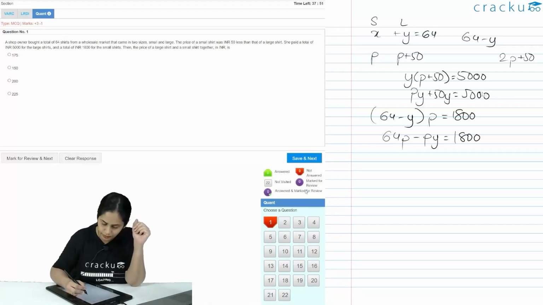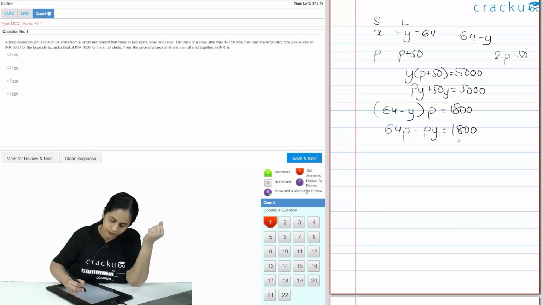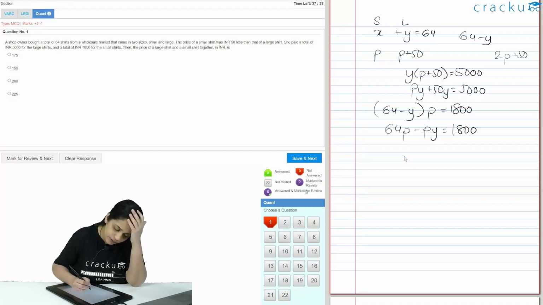x and y both have to be integers. So again we have that condition. So essentially if y is an integer, we need py equal to this, p plus 50 equal to this, 64 minus y equal to 1800.